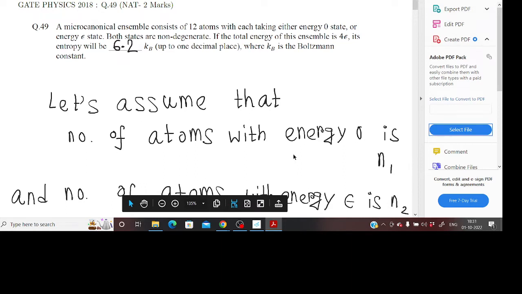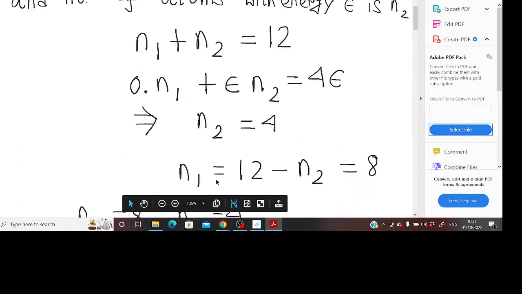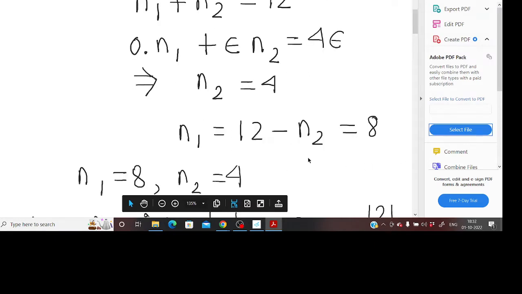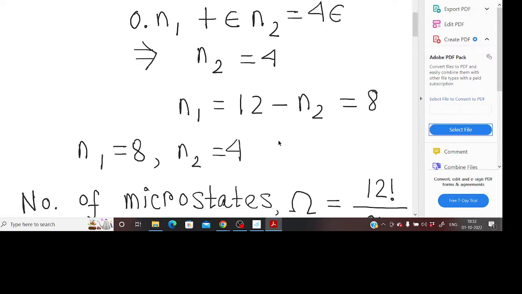It will be equal to 0 into n1 plus n2 into epsilon, which is equal to n2 into epsilon, and this is equal to 4 epsilon as given in this problem. So n2 is equal to 4. This means n1 is equal to 12 minus n2, so n1 is equal to 8. So we have n1 equal to 8 and n2 equal to 4.